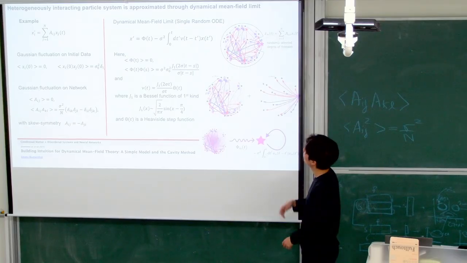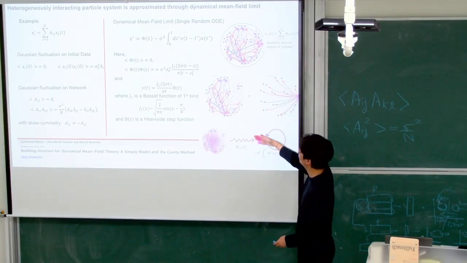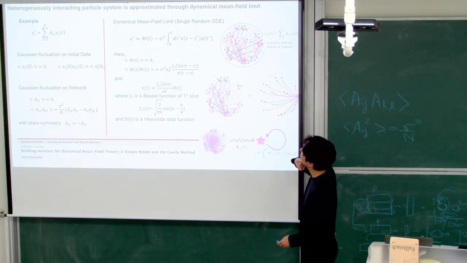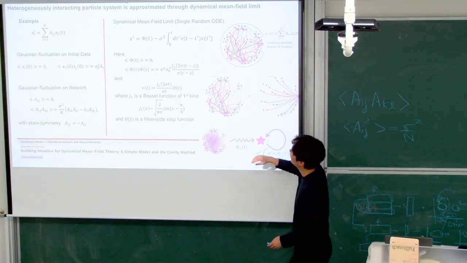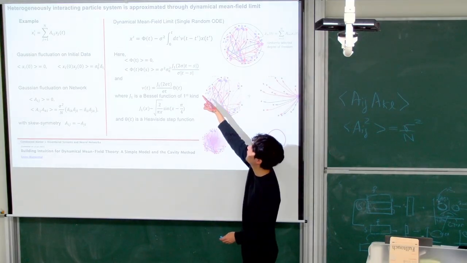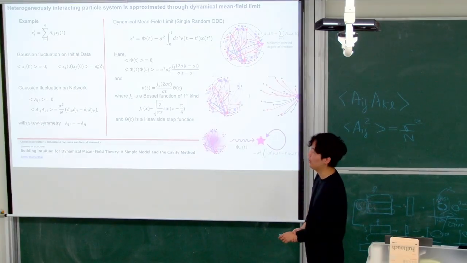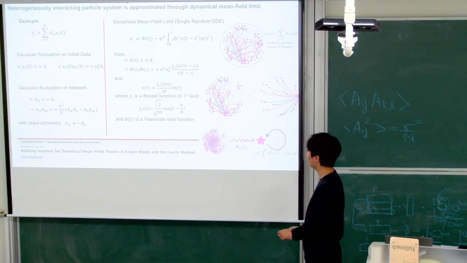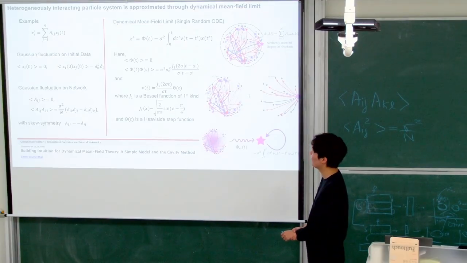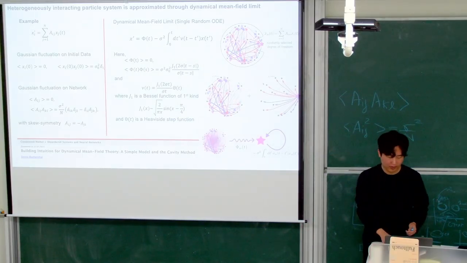I mean, because we reduce the original system, the interaction really comes from phi. The original mean field, yes.